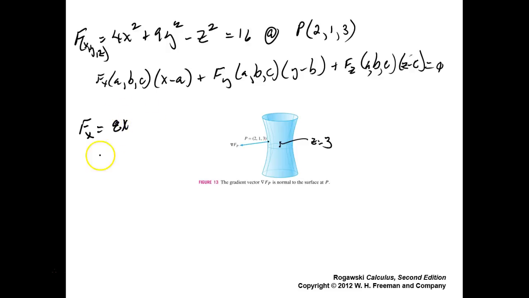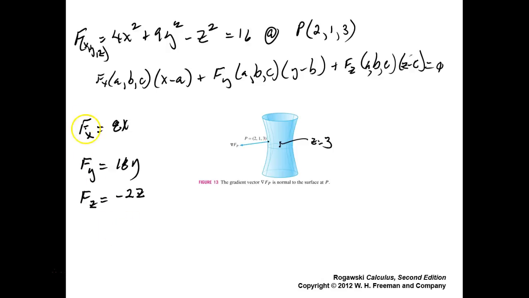Partial of f with respect to y would be 18y, and partial of f with respect to z would be negative 2z. Okay, negative 2z.